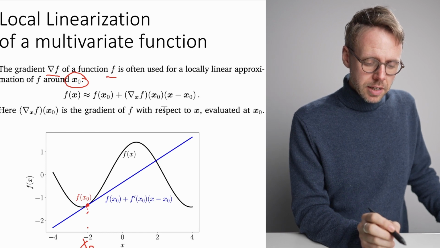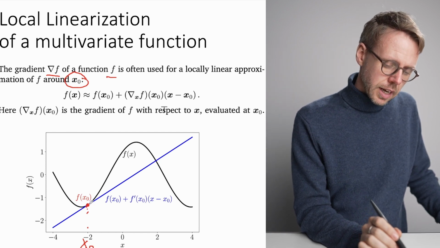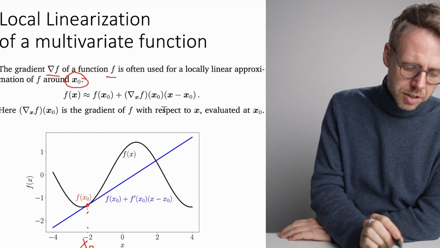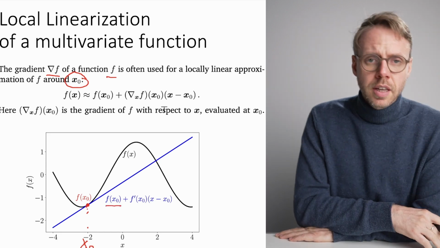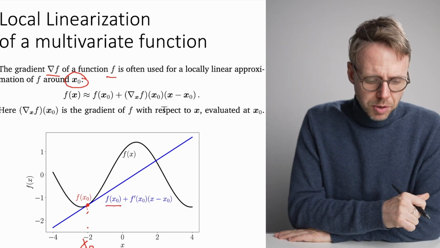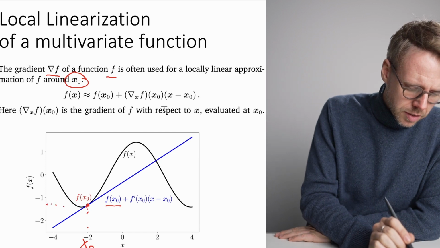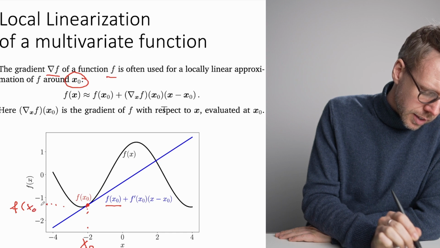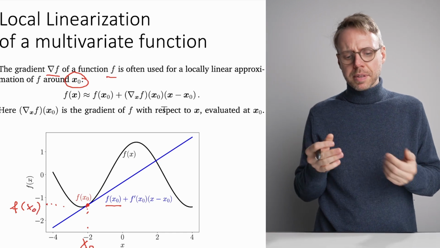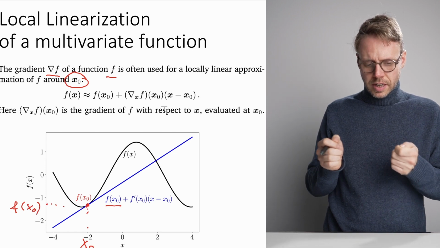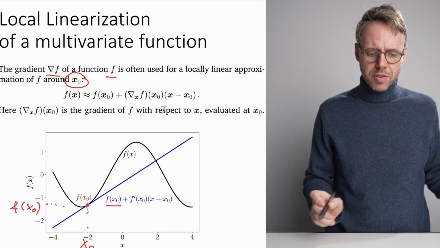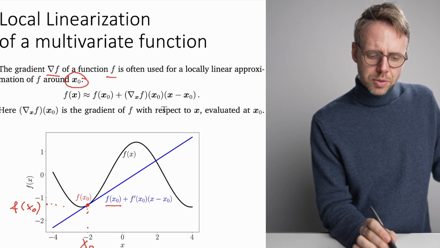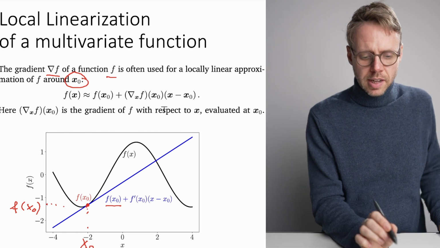And how do we get that? Well, in order to get the same point, we can just say that at this point x0, the function should be f of x0, right? So here we have f of x0. And now we have to think about what happens if we change the input to this function. So if we go away from x0, we take that into account by adding this term, which is linear in the gradient.